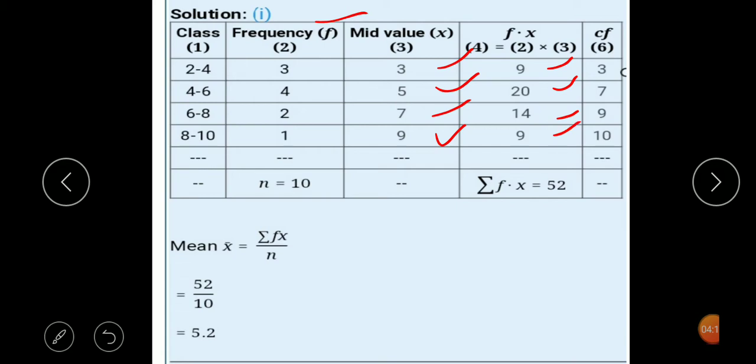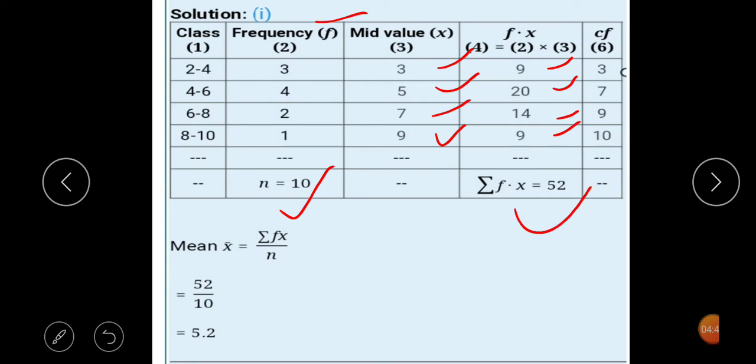Now what we have to do? For finding the mean we have to find the value of sigma fx and n. N, or sigma f, means the sum of all the frequencies. On adding the frequencies, 3 plus 4 plus 2 plus 1 we get 10, and the sum of f into x, sigma fx, we got 50.